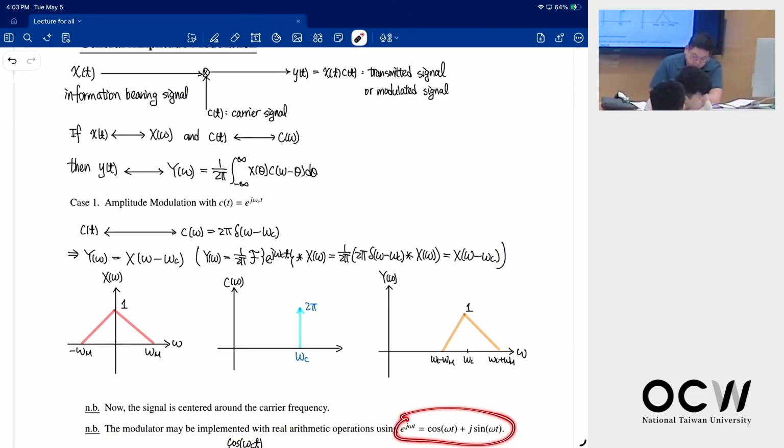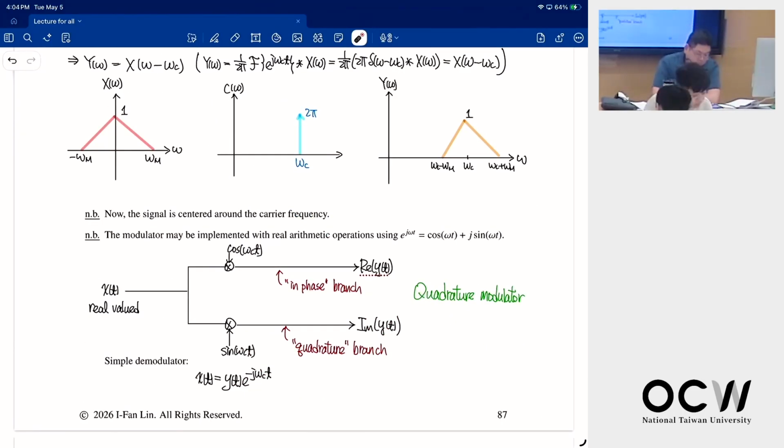We can use the Euler formula, cosine and j sine. Because here the complex exponential, how do we implement that? Think about the Euler formula.